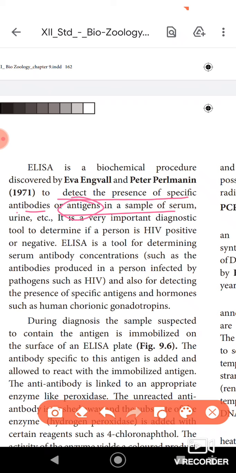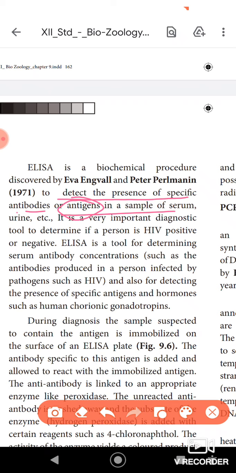For example, if the person is having typhoid, the bacteria Salmonella typhi can be easily detected. The antigen for a particular bacterial infection can be detected in the blood or serum with the help of the ELISA technique.